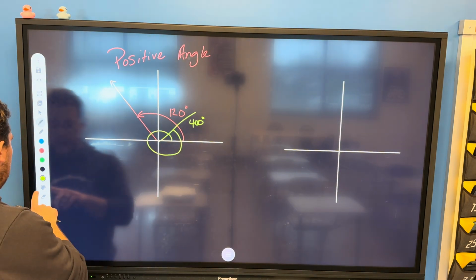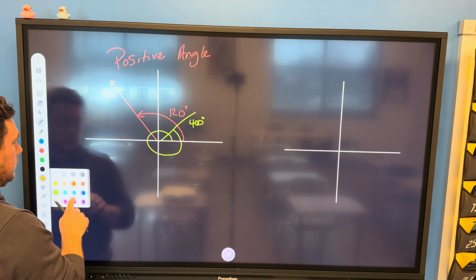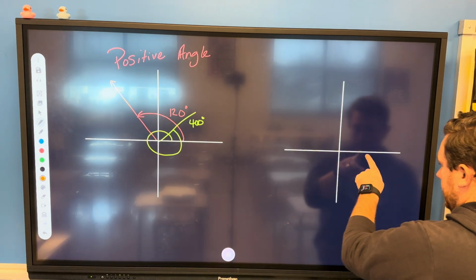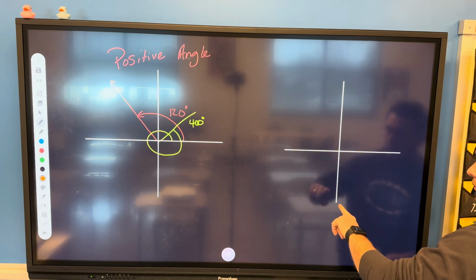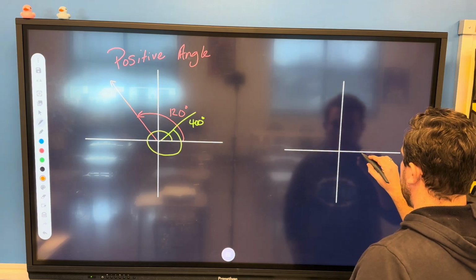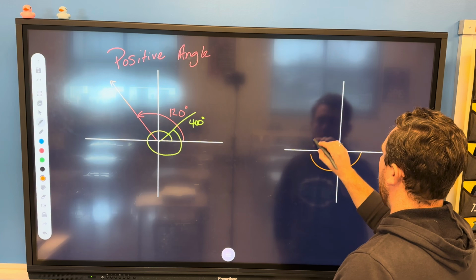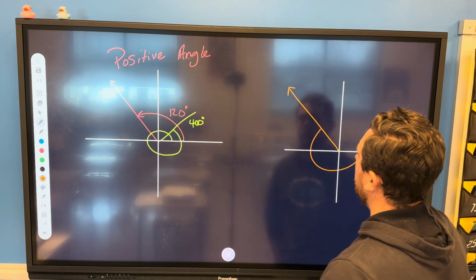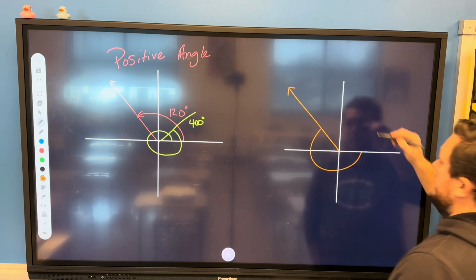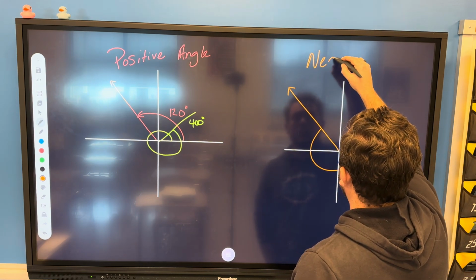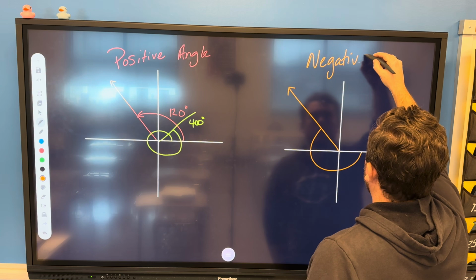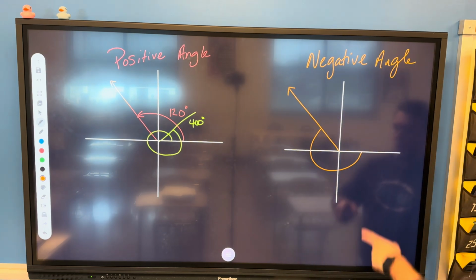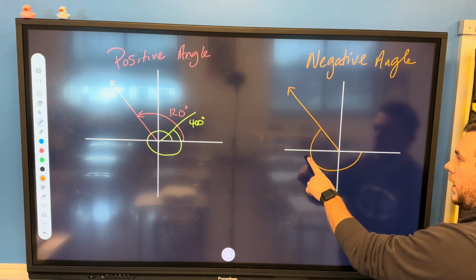Cool. Negative rotation, okay, if positive angles were rotating up, negative angles were rotating down, right? So let's say that we would rotate somewhere down over here somewhere, right? And we rotated in that-away direction. There we go, okay? These are negative angles. Okay, so we've got negative angles. We're rotating down and around, right?